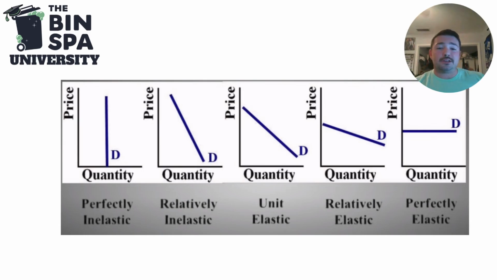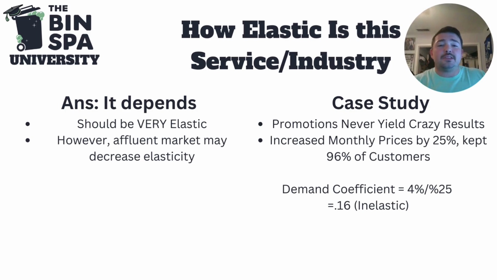So for us, and I'm going to go into an example here, we would think that we're pretty elastic, right? We're a luxury service. You think it would affect, but the answer is there's plenty of things that will change how a customer views your industry, your company, how elastic your market is. And this is not to say that this industry is elastic or inelastic. Really, you can change elasticity on a micro level, in your own county, in your own market, in your own area.